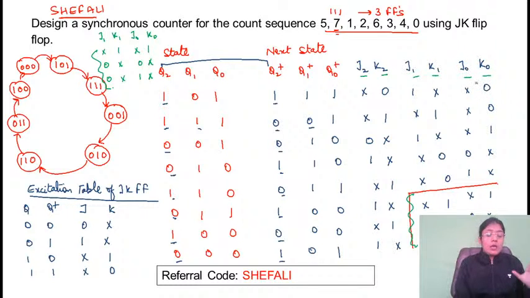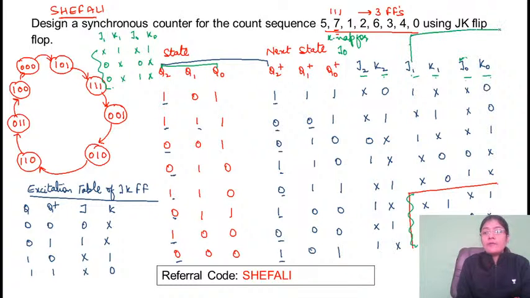So basically you will be getting the equations using 6 K maps: K map for J2, K map for K2, K map for J1, K map for K1, K map for J0, K map for K0. Clear till here? So let's find out the equation for J0. I'm constructing the K map for J0. The most significant bit is this, these are the inputs, and we have to consider these inputs.